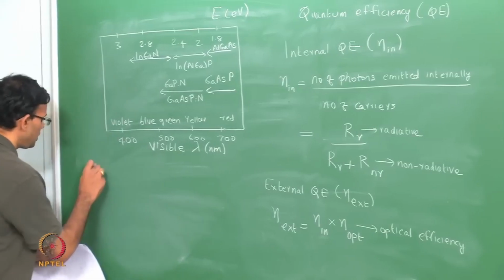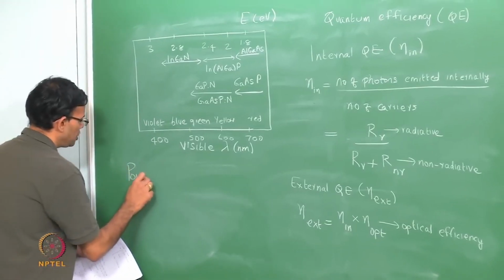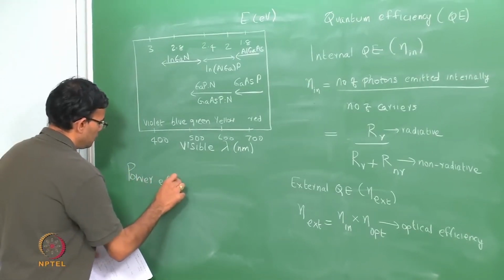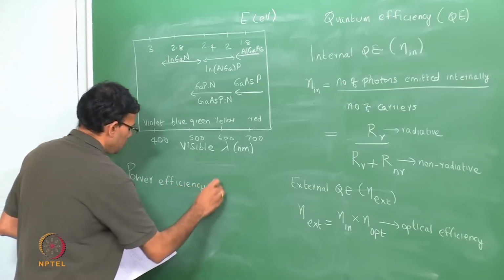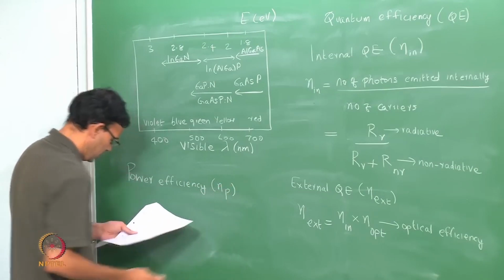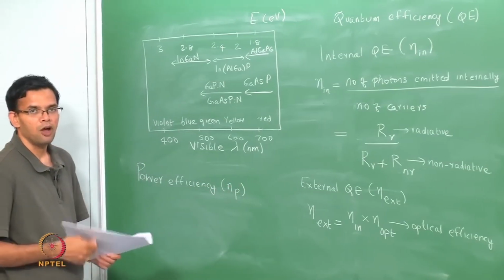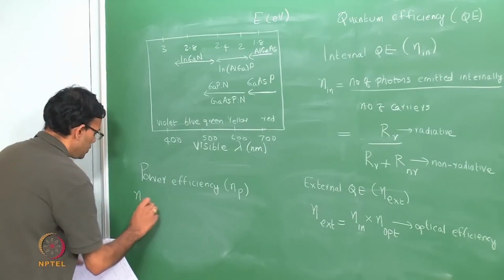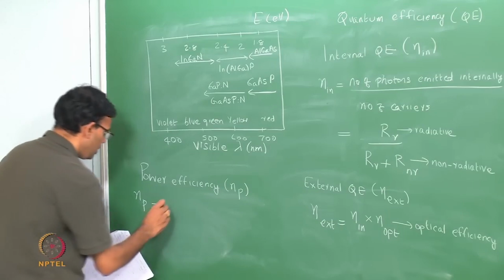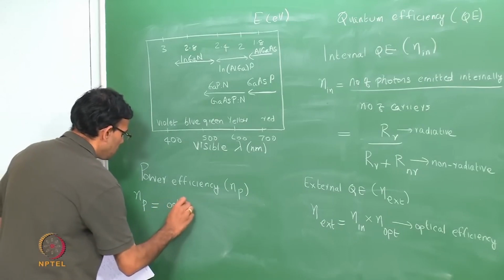We also define something called a power efficiency, eta P, which is the optical power output divided by the input power.